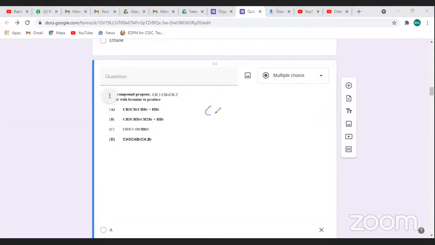So if you draw it out, CH3 would be C with 3 H around it, and then it's bonded to CH, then you have a double bond and then a CH2. When you have bromine coming in, it's Br2, so you have two bromines. They're going to come across the double bond, one here and one there.